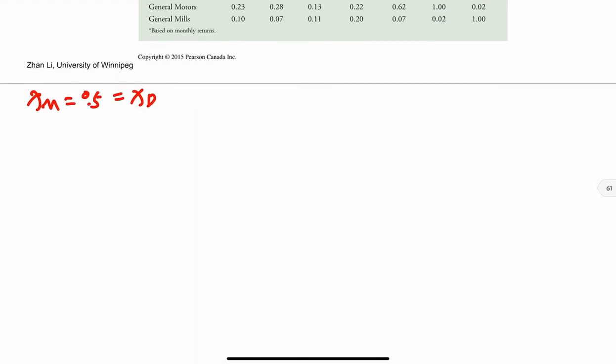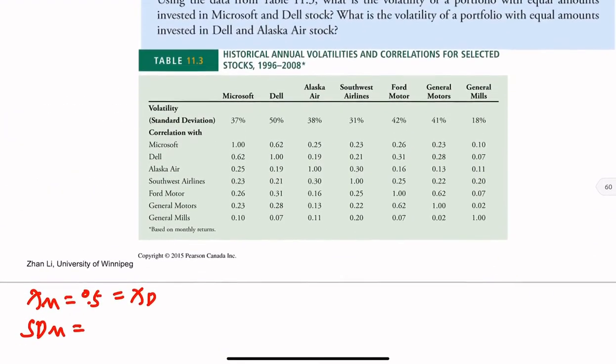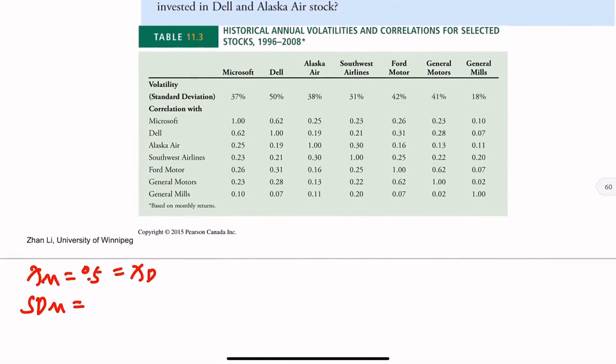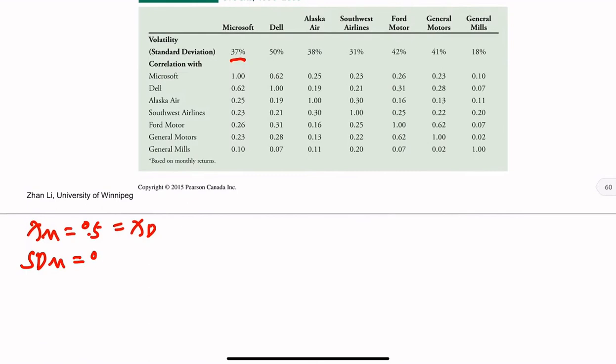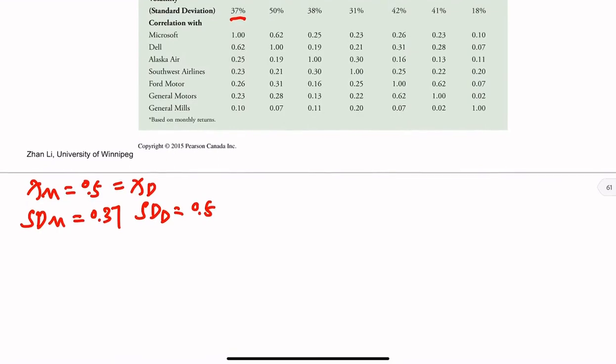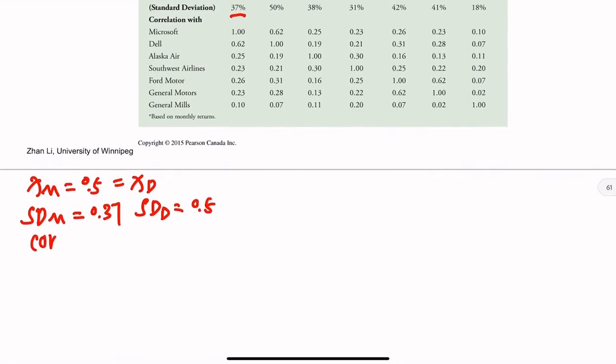We also have the standard deviation of Microsoft stock, which is 37%, and the standard deviation of Dell, which is 50%. We further have the correlation between Microsoft and Dell.